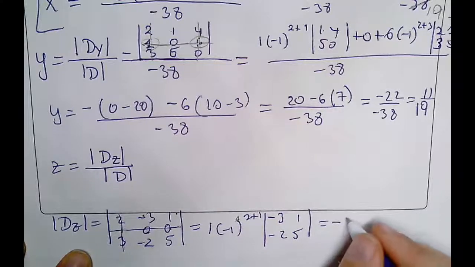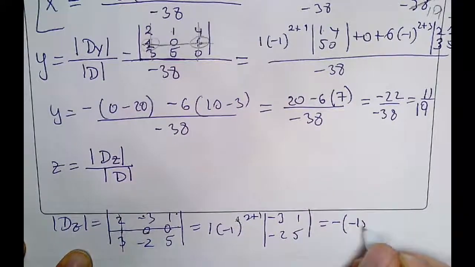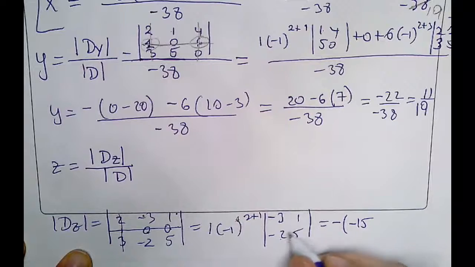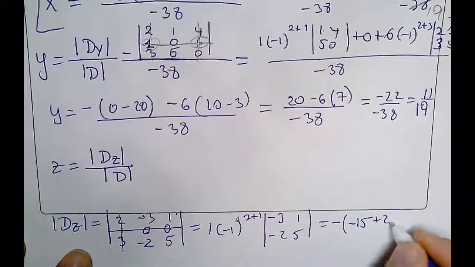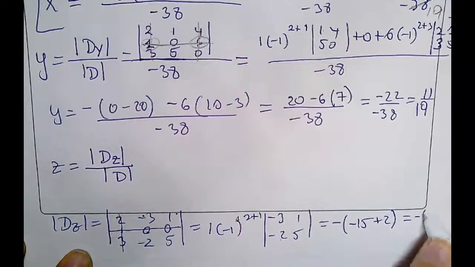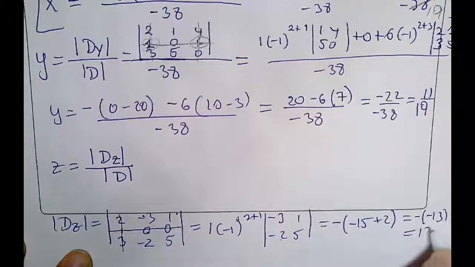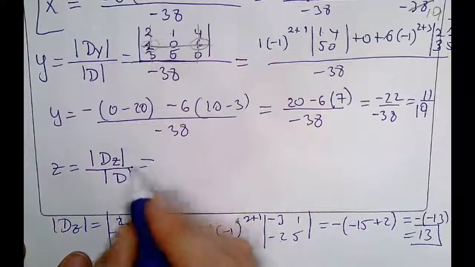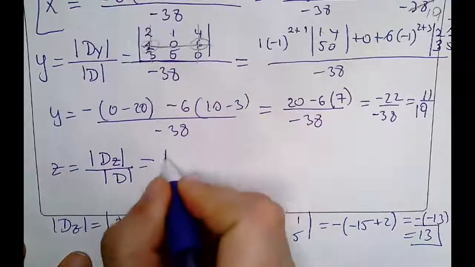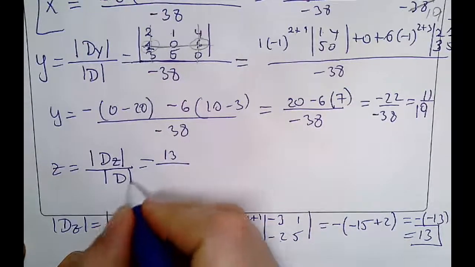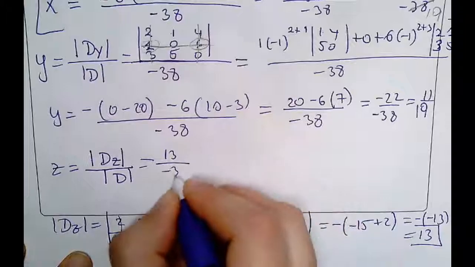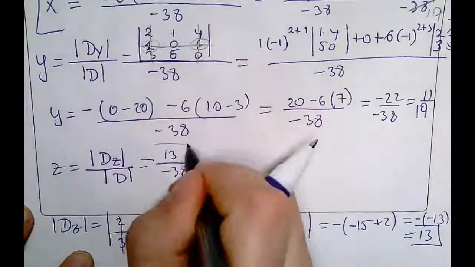So it's going to be negative 15 from here, and then minus negative 2 times 1, so plus 2. So it's going to be negative 13, so it's going to be positive 13. So positive 13 divided by, I know that the determinant of d is negative 38. So this will be the answer.